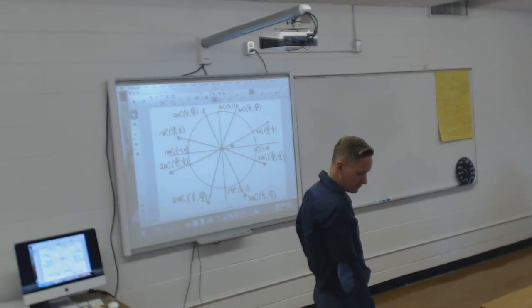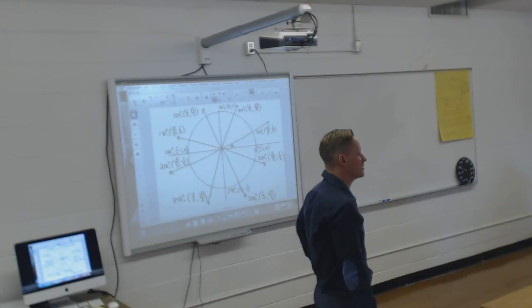Root 3 over 2. What's the cos of 120? Negative 1 over 2. Okay? And what's the tan of 120? We just solved it. What did I forget on that page?